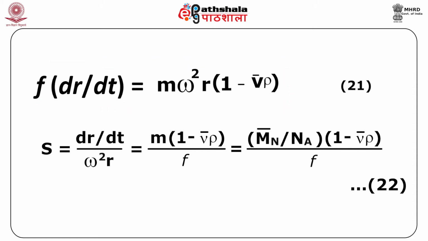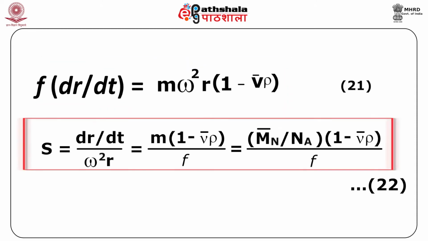Equation 21 can be rearranged to give a quantity S, defined as S equals sedimentation velocity over the centrifugal acceleration. That is, S equals dr by dt divided by omega square r, which is equal to m into 1 minus V bar rho divided by F, which can be further written as Mn bar divided by Na into 1 minus V bar rho divided by F, as shown in equation 22.